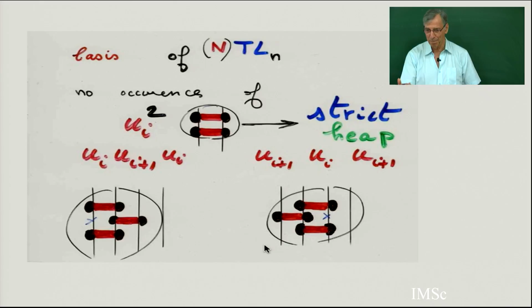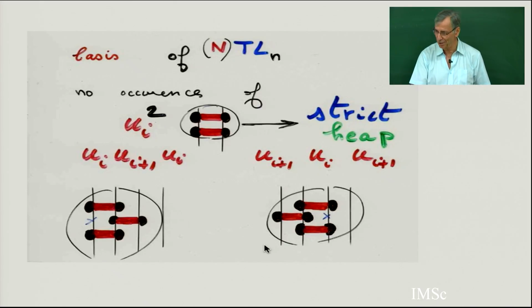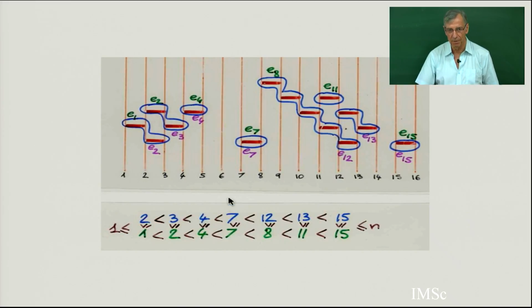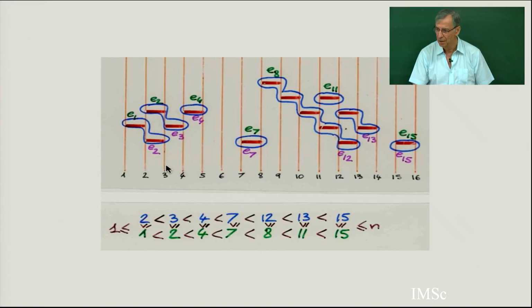So to find a basis of the Temperley-Lieb algebra is the same as finding fully commutative heaps in the symmetric group. From the previous chapter, we know that fully commutative heaps are exactly these heaps. And then you can deduce immediately a basis of the Temperley-Lieb algebra.